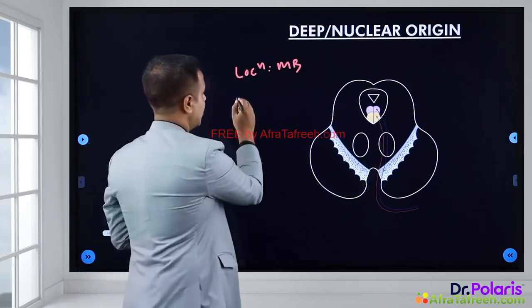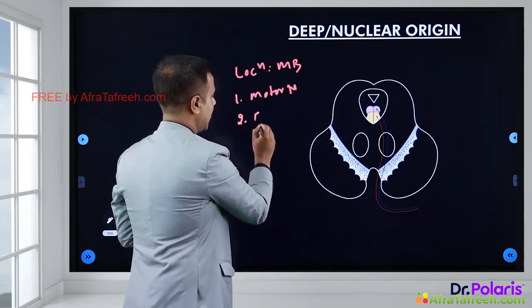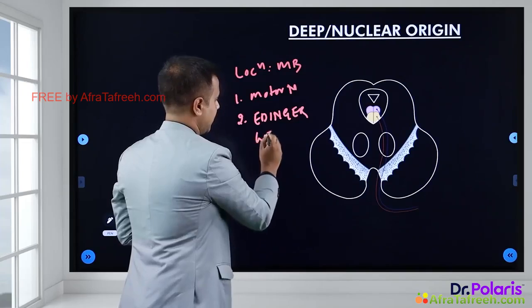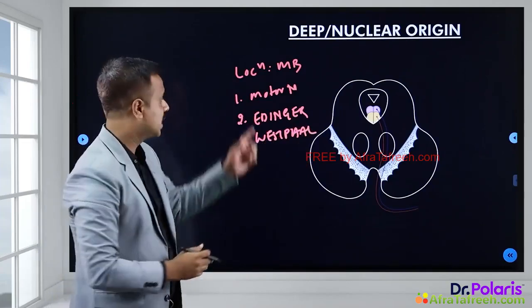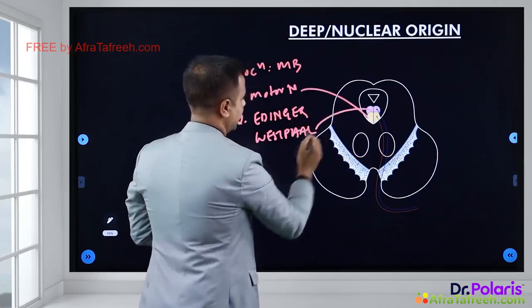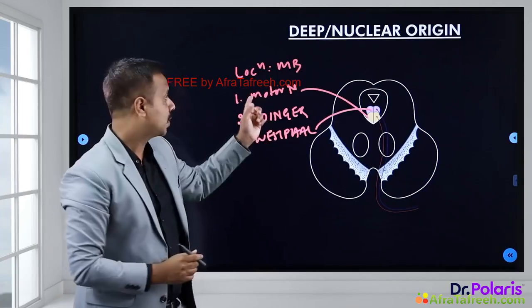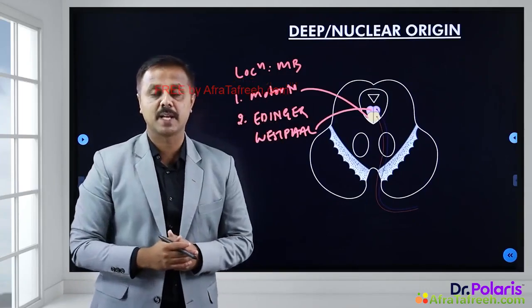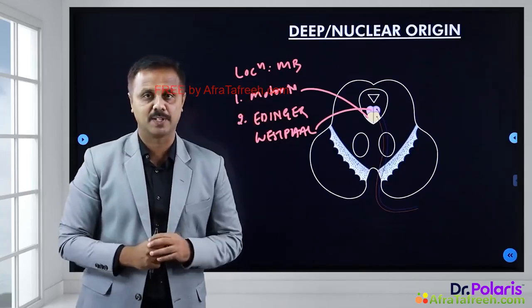One is the motor nucleus and the other one is known as the Edinger-Westphal nucleus. So here we have the motor nucleus and here there is the Edinger-Westphal nucleus. And from these we have different fibers. The motor nucleus will supply all the extraocular muscles. The Edinger-Westphal nucleus is concerned with supplying sphincter pupillae. Right? So this is regarding the deep origin or the nuclear origin.